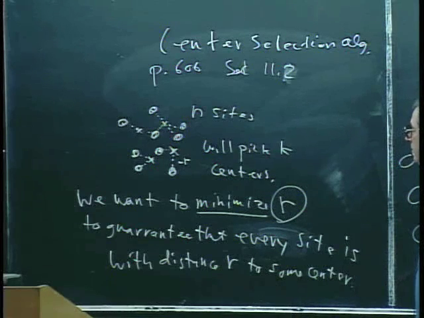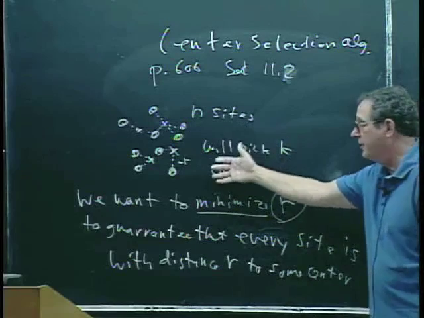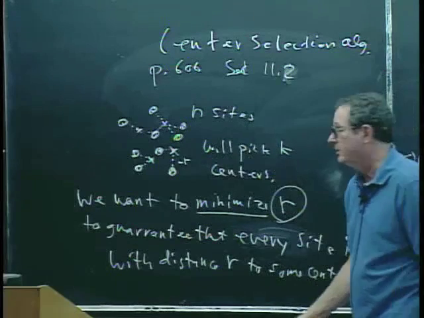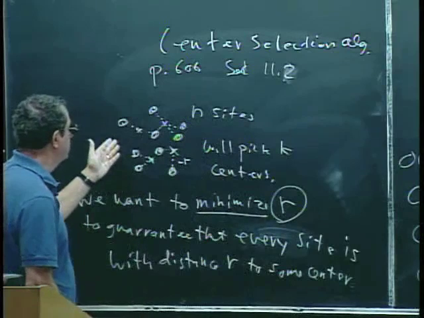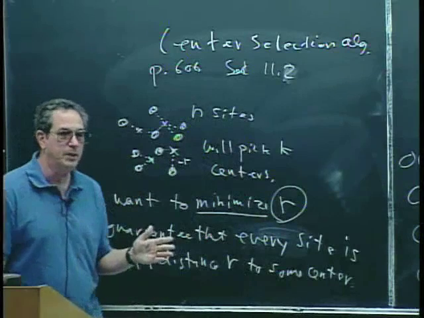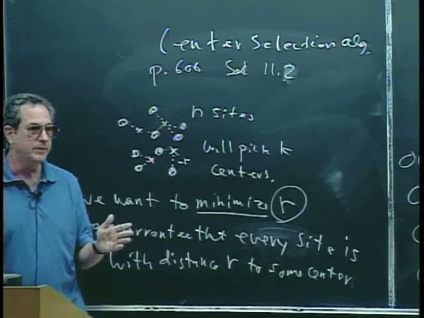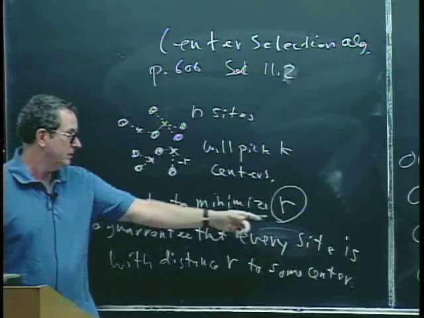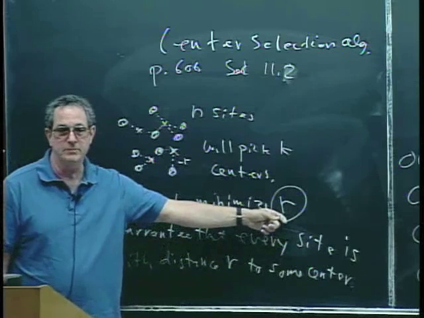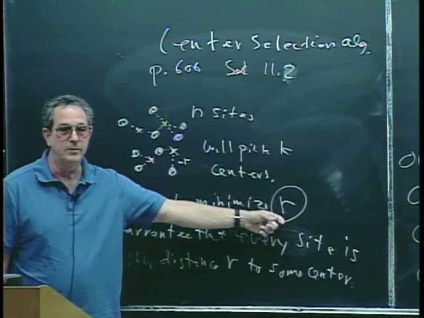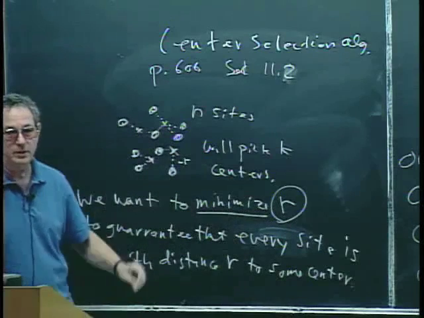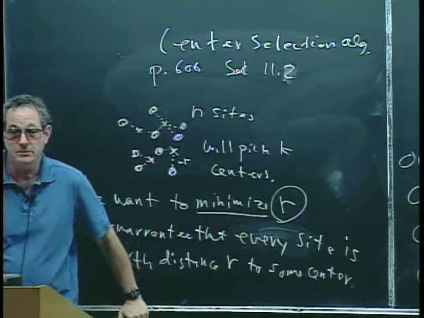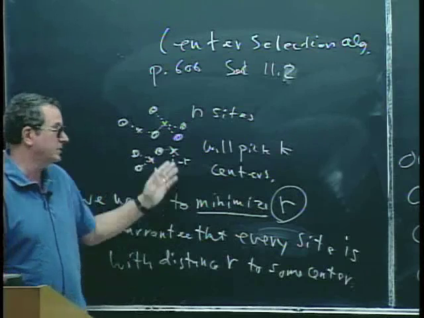And you can think of algorithms that would pick K sites. It's not even clear how you'd think of an algorithm that's guaranteed to minimize, I mean, a finite time algorithm, because there's certainly an infinite number of places you can put down these X's. We haven't quantized this at all.